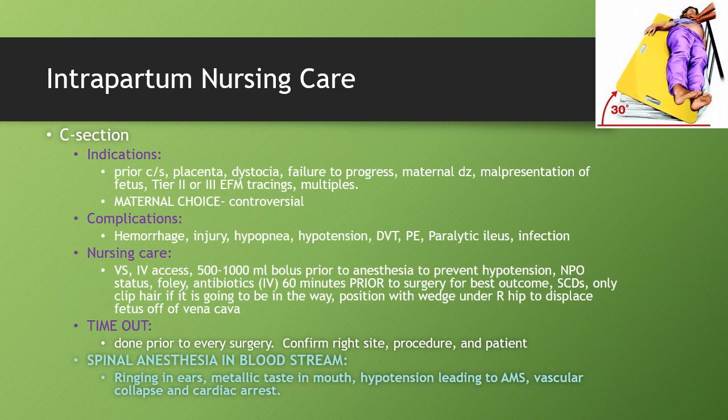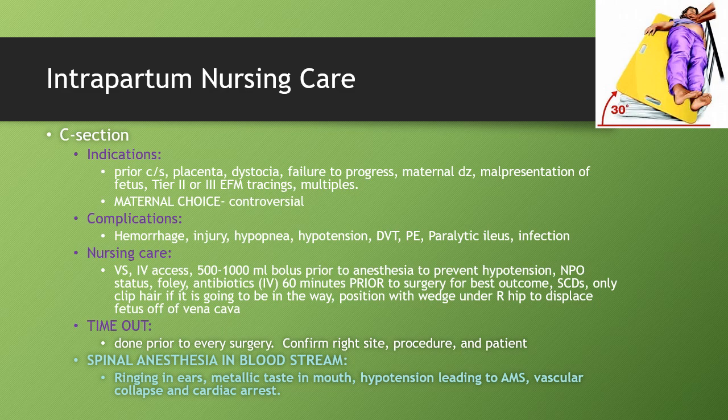So if we do have a patient that has to go for C-section, those are usually indicated by prior C-section or placental abnormalities, such as placenta previa or Vasa previa. Dystocia, so we have a baby who's just not going to fit no matter what, or prior uterine surgeries where we know they're high risk for rupture.